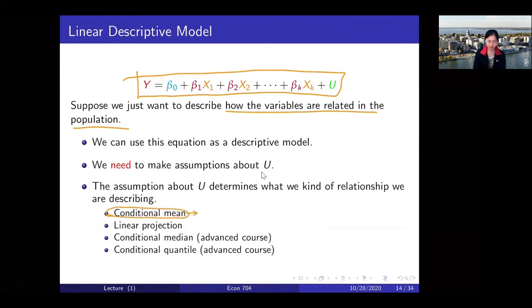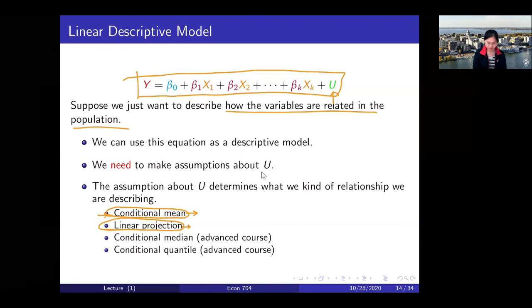So for the conditional mean model, we'll talk about what assumption we need on the error term in order for this linear regression equation to be a conditional mean model. And the second kind of descriptive model, which is related to the conditional mean model, is the linear projection model. For the linear projection model, we make a different assumption about the error term, an assumption that's slightly weaker than the one required by the conditional mean model.